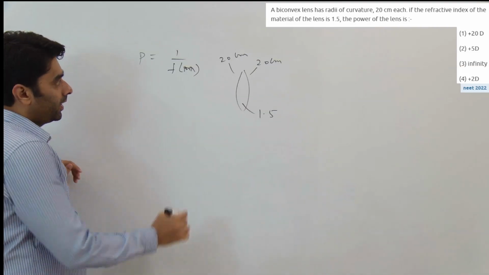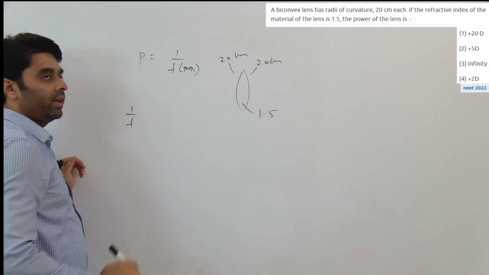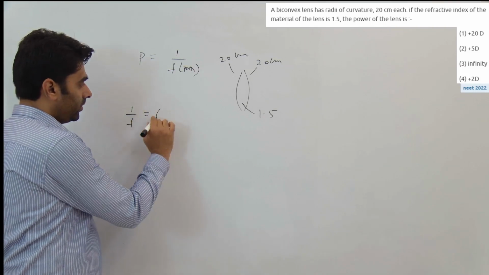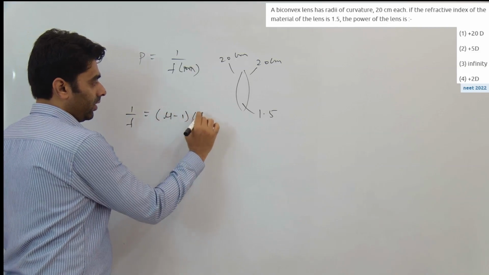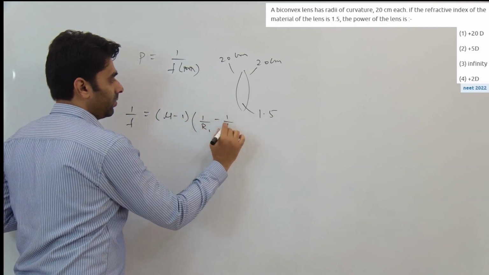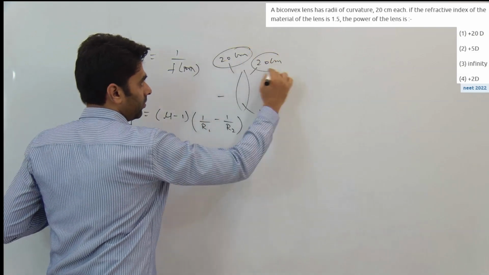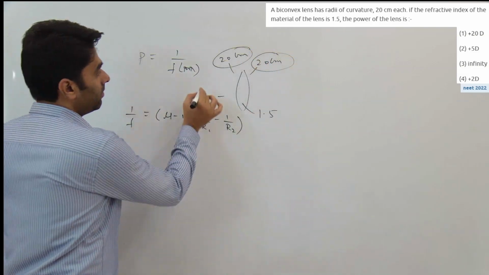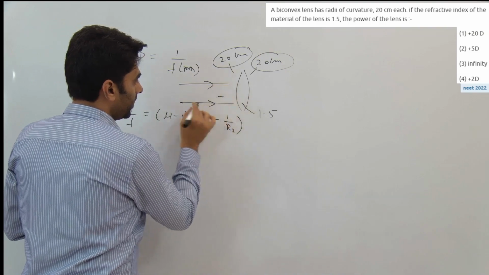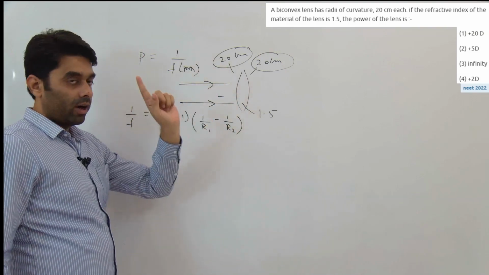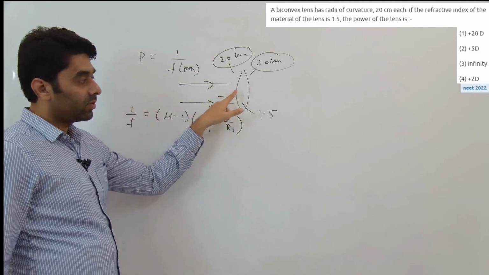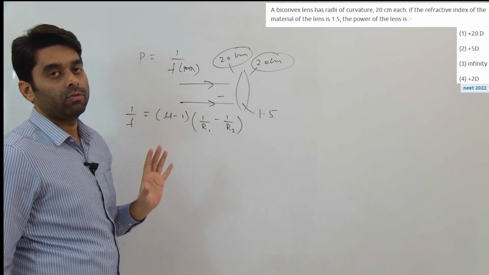Let us calculate our focal length using the lens maker's formula. 1 by f is equal to mu minus 1 into 1 by r1 minus 1 by r2. This is your r1 and this is your r2. According to sign convention, if the light ray moves like this, that means we consider light going from the left, r1 will be positive and r2 will be negative. We need to be careful with sign convention.